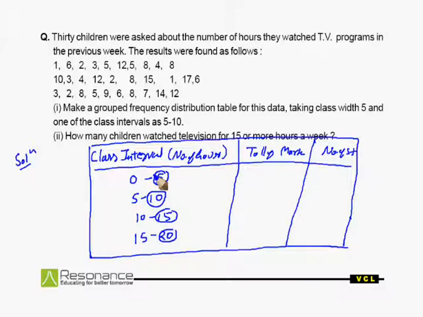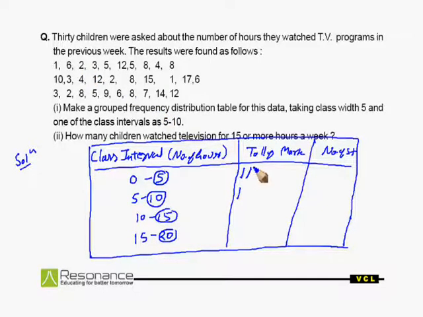Now we prepare the tally table. Now we read the values. The value 1 is considered in the first class interval, so we draw one tally mark. Then 6 is included in the second class interval. 2 is in the first.